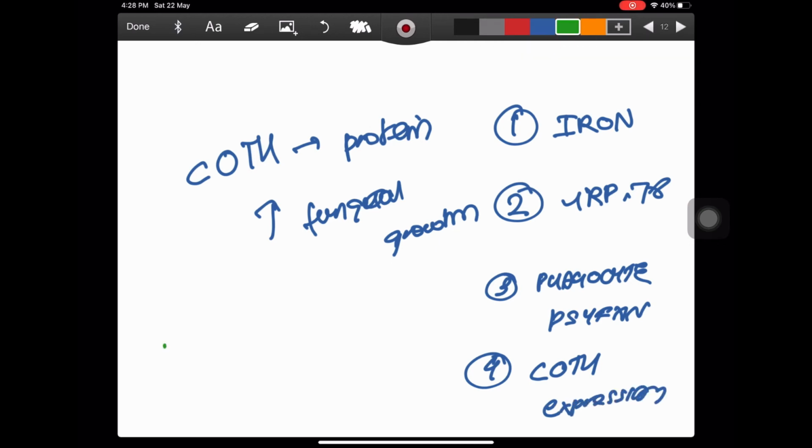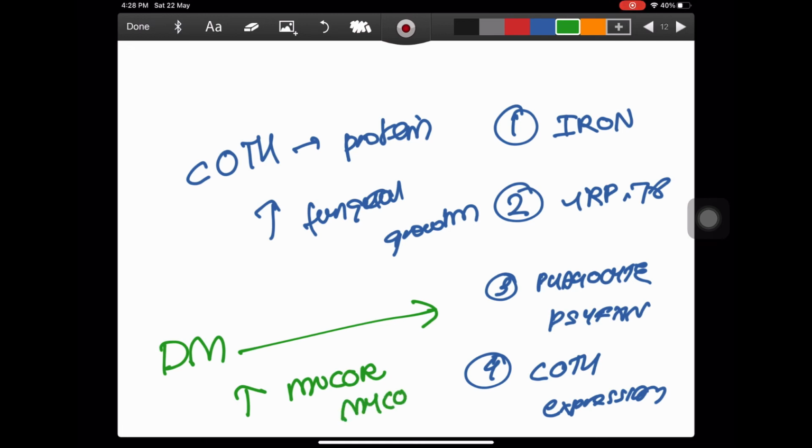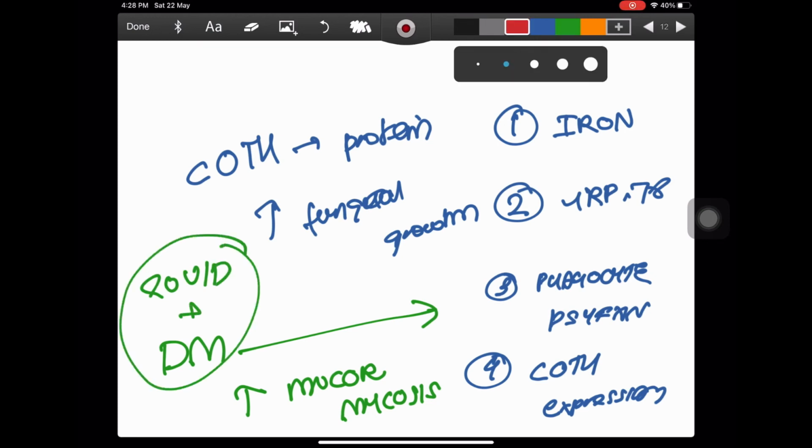Okay, so these are the ways in which diabetes increases mucormycosis. So we know that COVID and diabetes have a close relationship, which we saw in the last class.